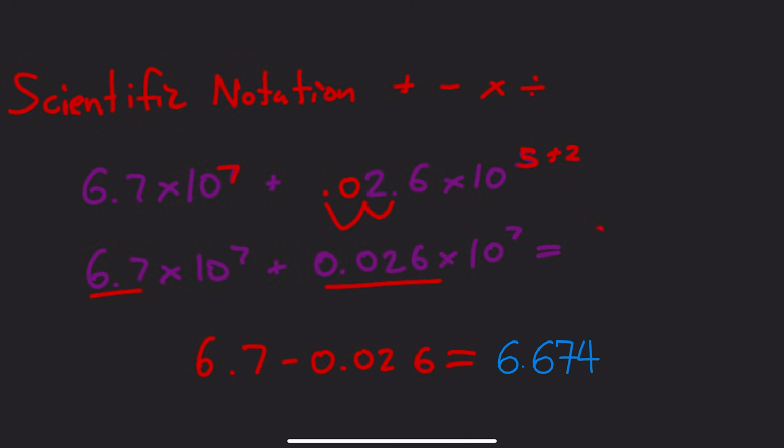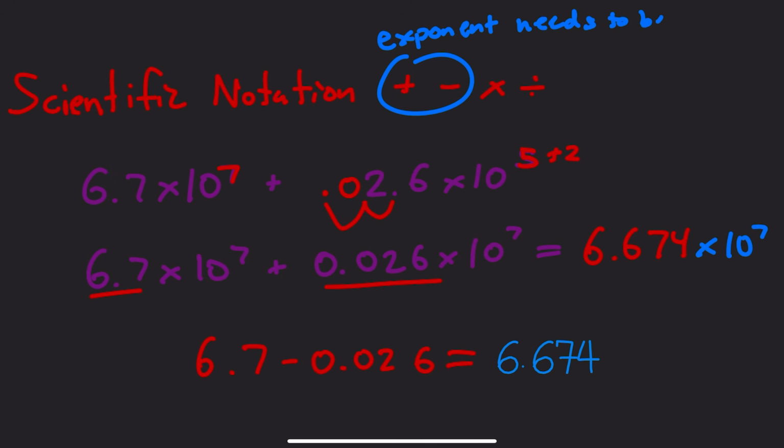So it's going to equal 6.674, and then remember, we keep the times 10 to the 7th. It stays the same. If we're adding and subtracting, the exponent needs to be the same. So there we go.